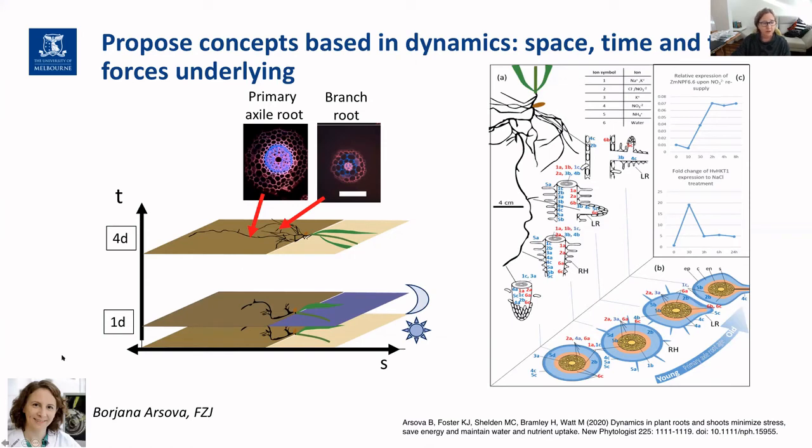And in this paper that I wrote with Boriana Arsova and others, we conducted modeling, and we showed that the way roots change their allocation of carbon, particularly between thicker primary roots and branch roots, thinner roots with fewer cells, changes the energetics of transport.